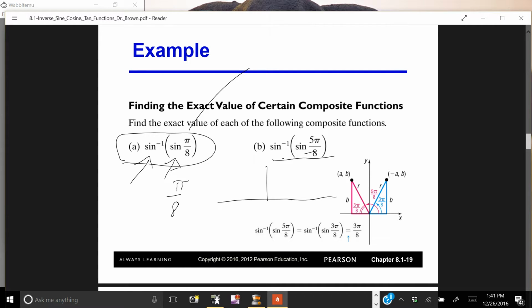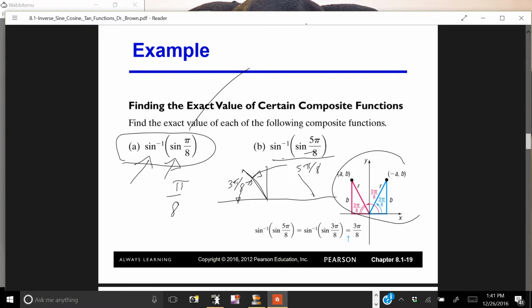And what I would do without this diagram here is draw the diagram and look at this angle 5 pi over 8 and realize that this angle over here would be 3 pi over 8, which is just pi minus 5 pi over 8.